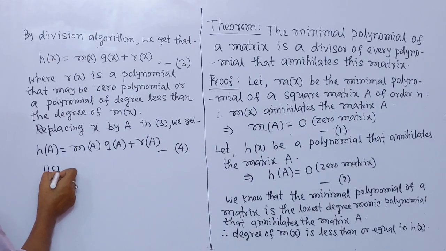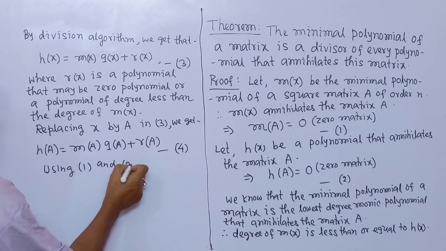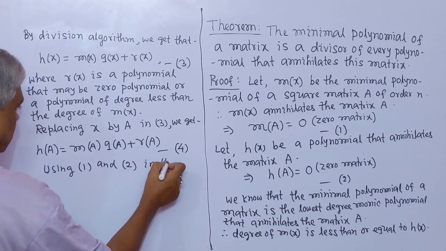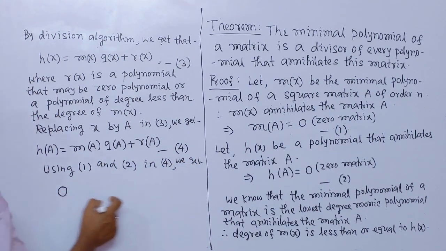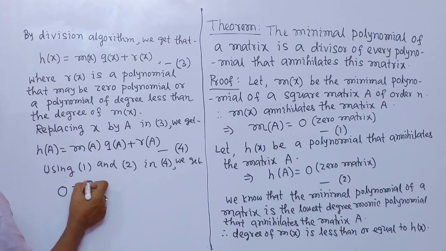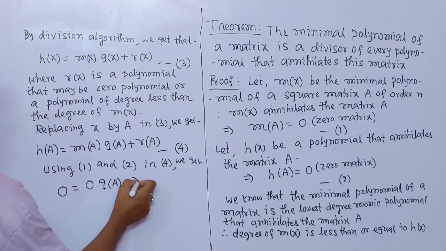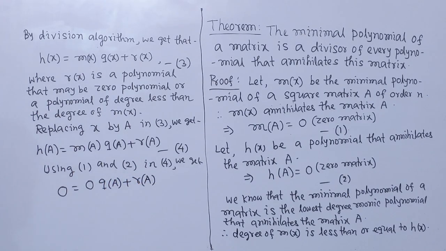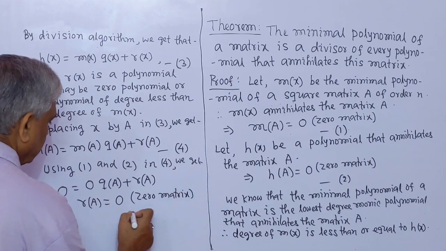Using 1 and 2 in 4, we get 0 equal to 0 matrix into q(A) plus r(A), implies that r(A) equal to 0 matrix. This is number 5.